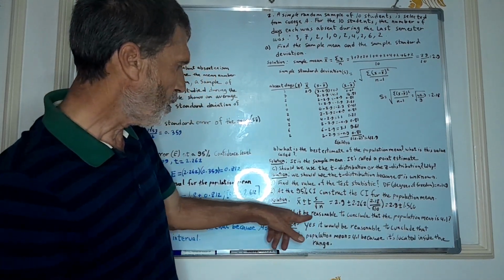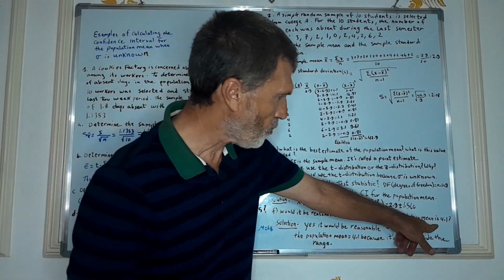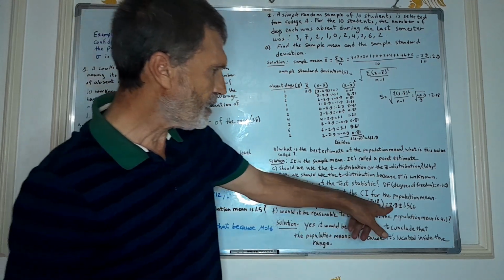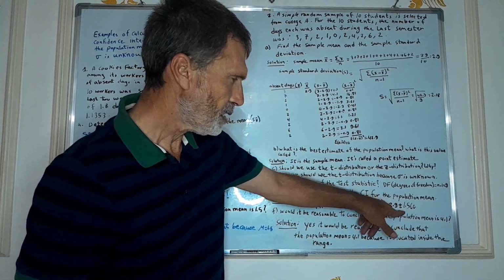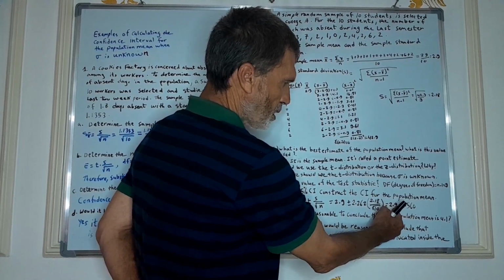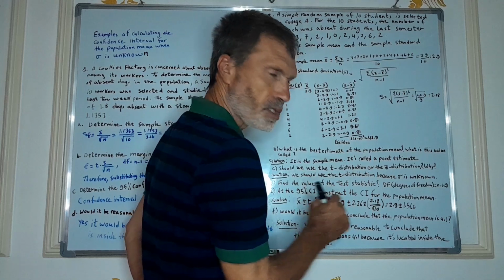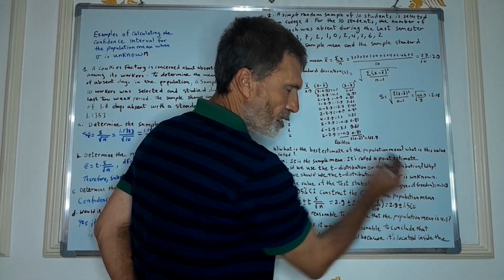Now, would it be reasonable to conclude that the population mean is 4.1? As you can see, 4.1 is inside this range. The lower limit of this range is 2.9 minus 1.560, and the upper limit of this range is 2.9 plus 1.560.